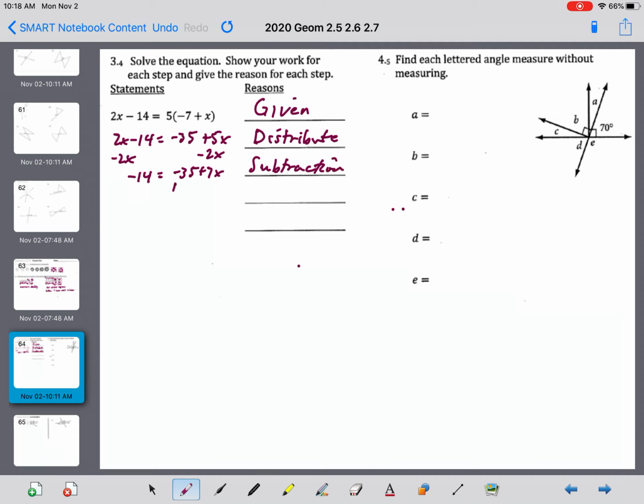Now I'm going to add 35 to both sides. So I'm going to do addition. And I could have drawn a line right here. I didn't. All right. This is going to be positive 21 equals 7x. I'm going to finish with division.